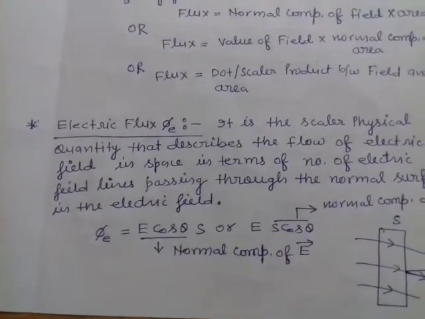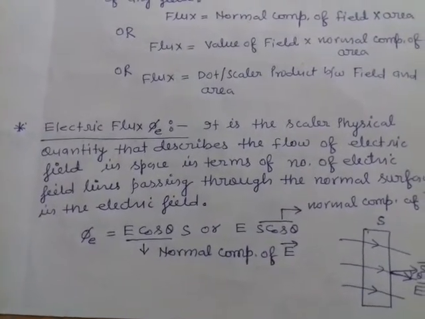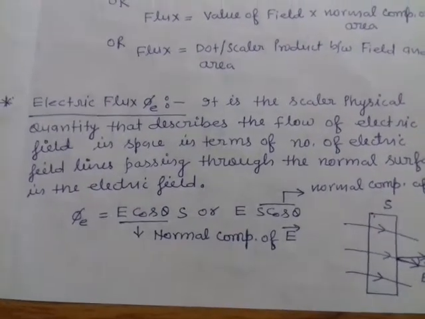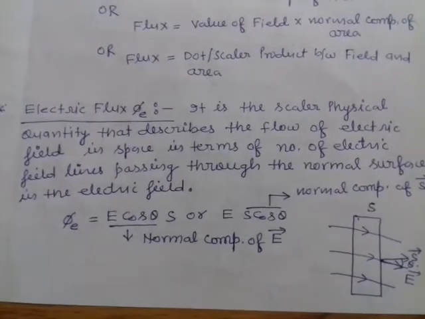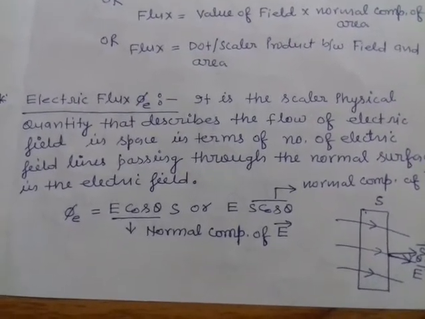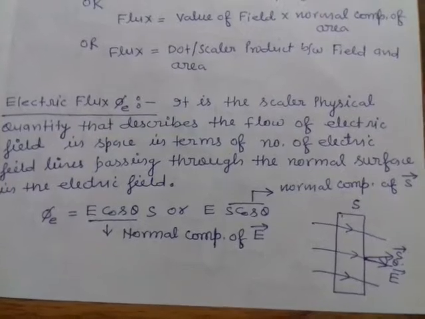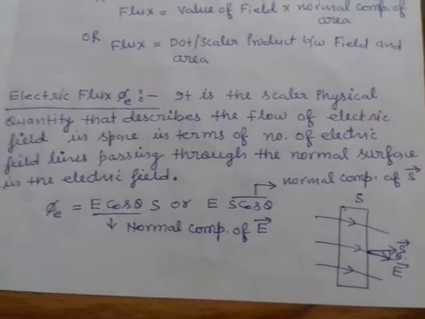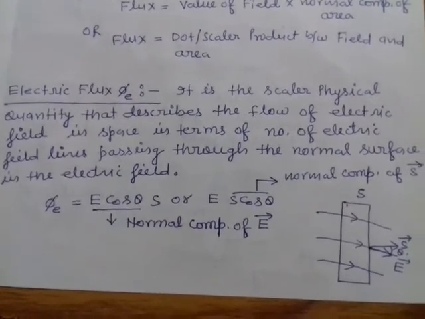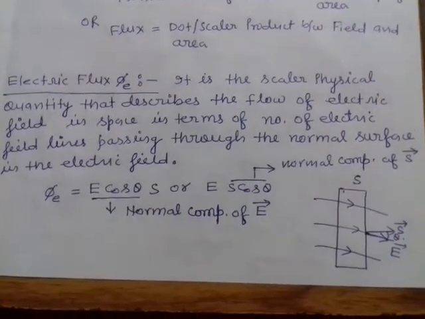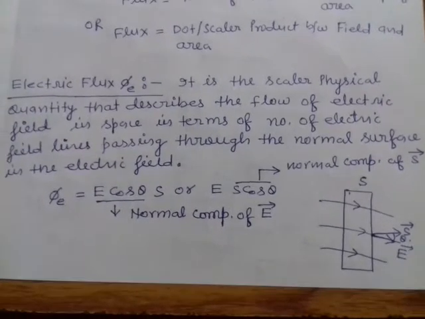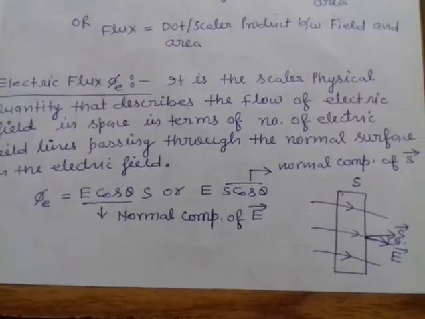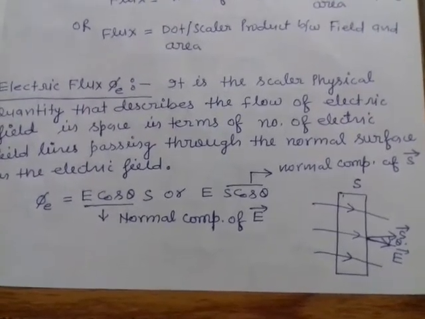Electric flux, again, is the scalar physical quantity that describes the flow of electric field in space in terms of number of electric field lines passing through the normal surface in the electric field. Mathematically, phi E is equal to E cos theta S or E S cos theta.